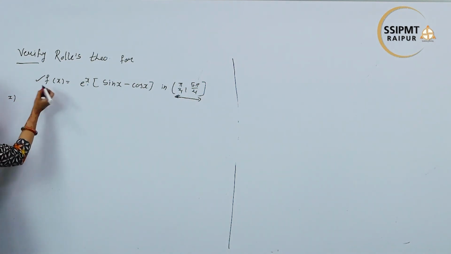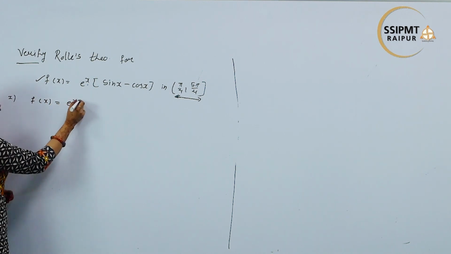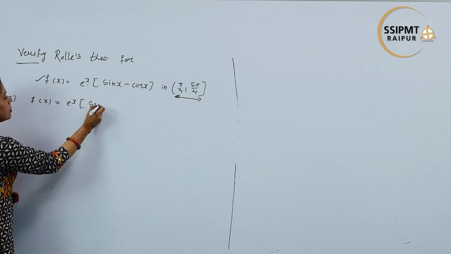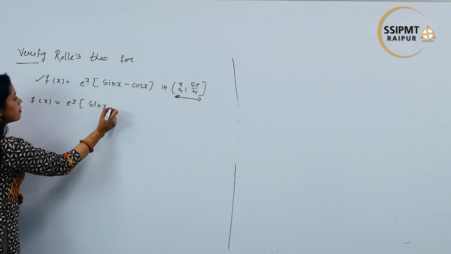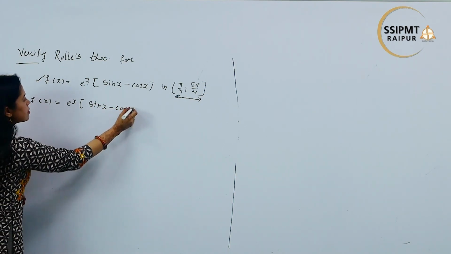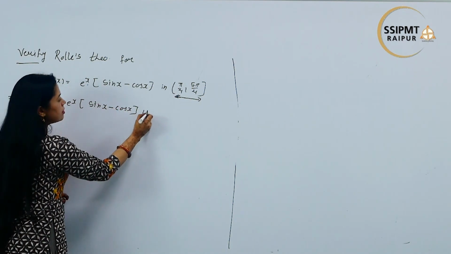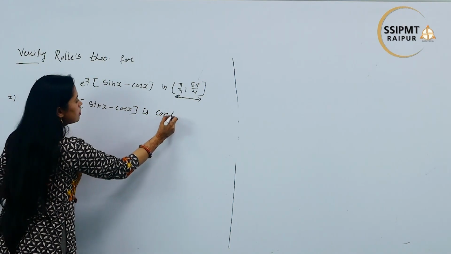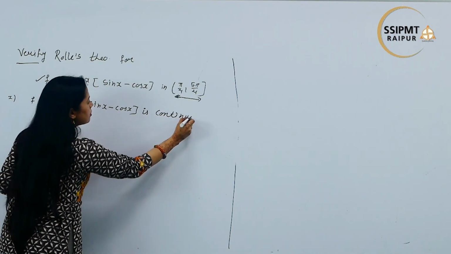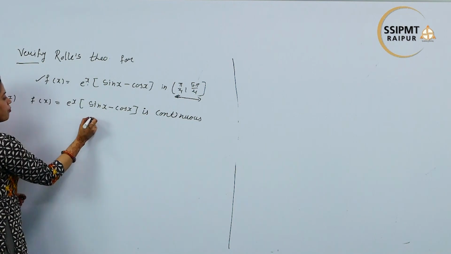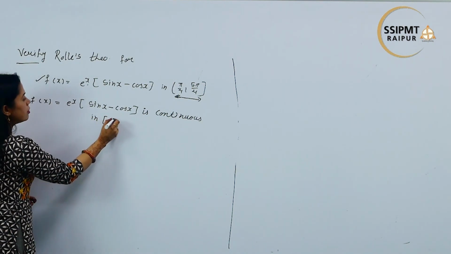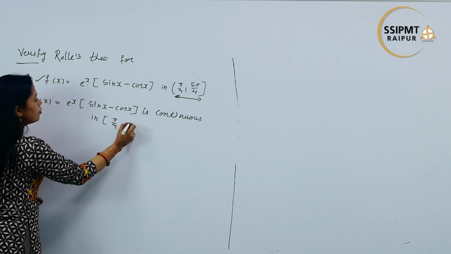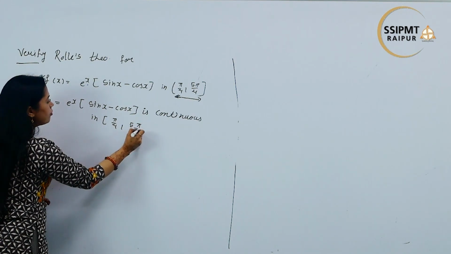That's why the function f(x) = e^x (sin x - cos x) is continuous in the interval pi/4 to 5pi/4.